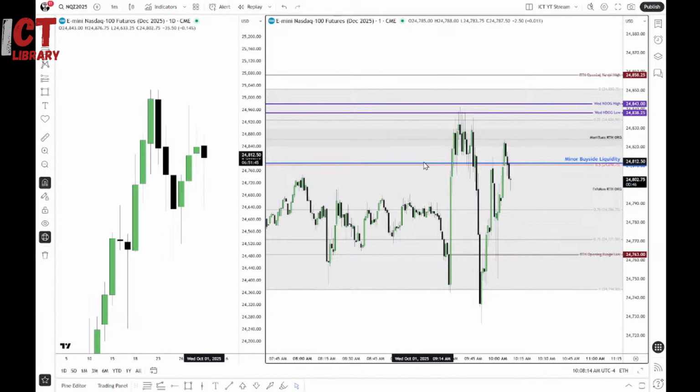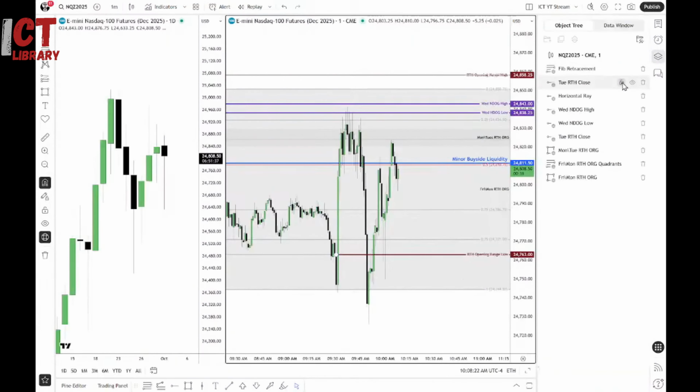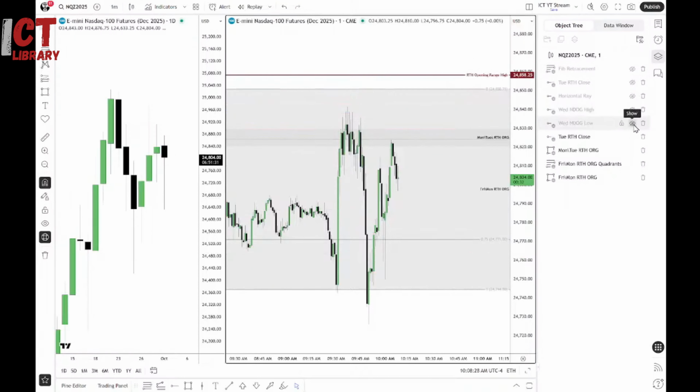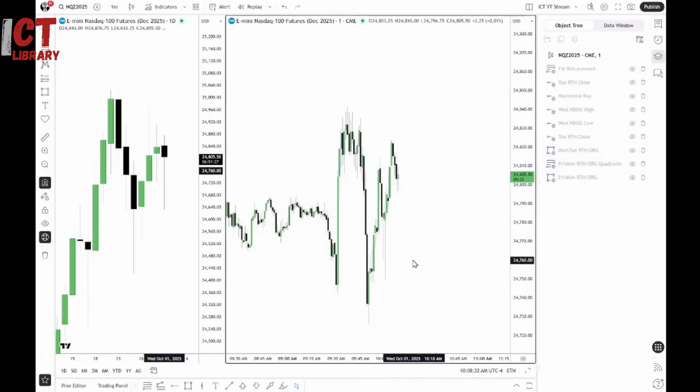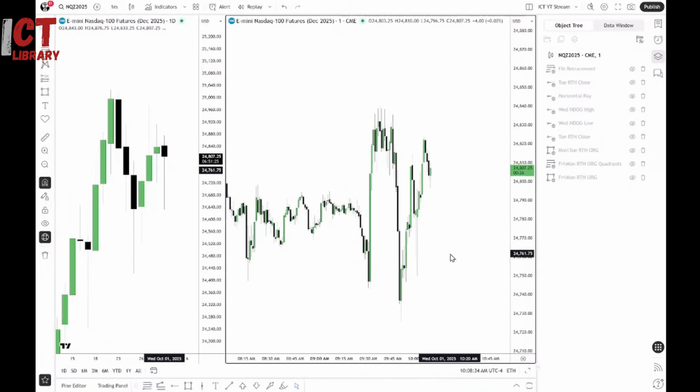If you strip away everything I said today and you just simply looked at price like this, retail traders look at that and they are scratching their head thinking, how are people trading that?